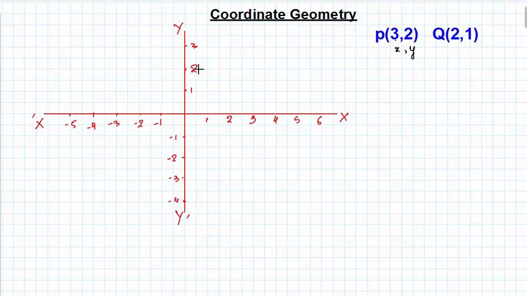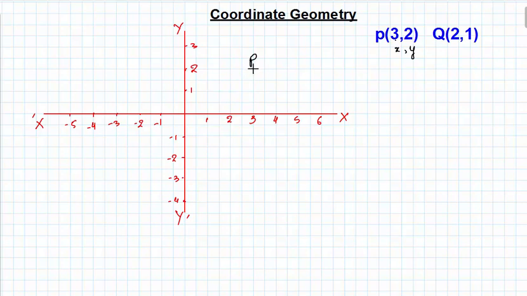I will explain you here. This is one line which comes from 2 and this is the second line which comes from 3 on the x-axis. The 2 lines intersect at that point here. This point is the point P on this graph.